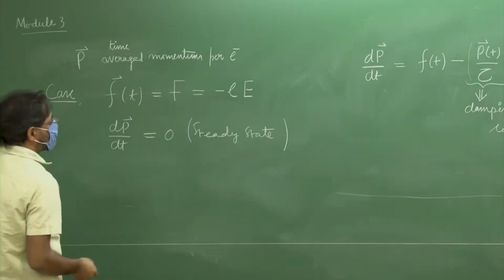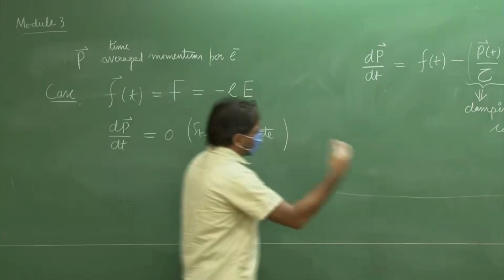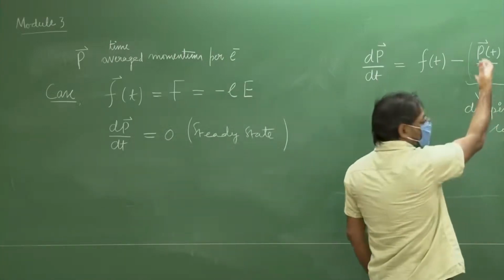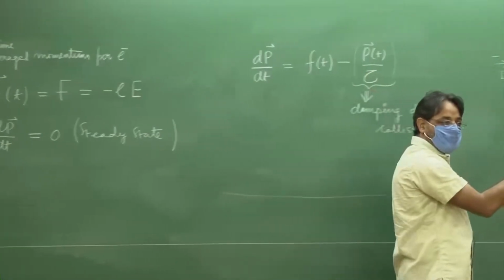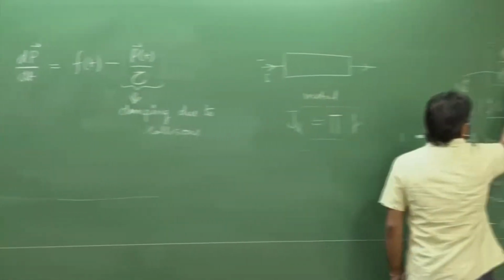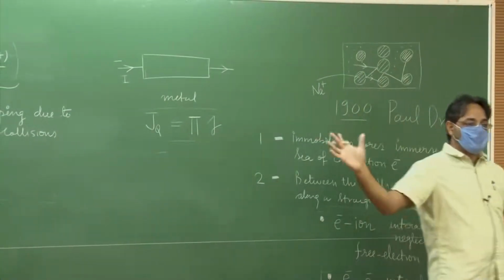So you plug in there dp/dt equal to 0, and to make things simpler, let's come out of the vector notation. Let's assume that the electric field is applied along the x-axis. So your V naught is the thermal velocity. It has 3 components, x, y and z.